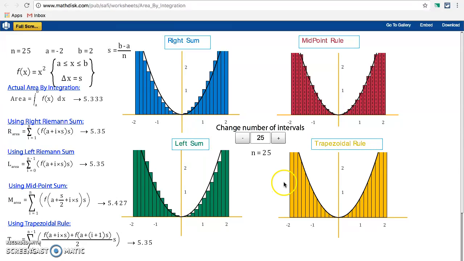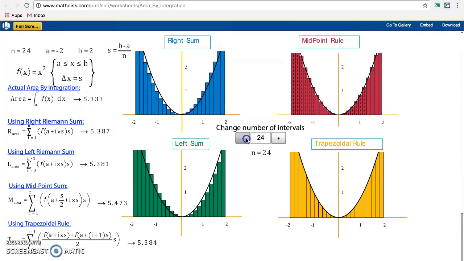So again, right here we have the number of intervals available, and when we show 25 right here, on each one of these it's 5.35, 5.35, 5.427, and 5.35, and we know the actual one's 5.33.